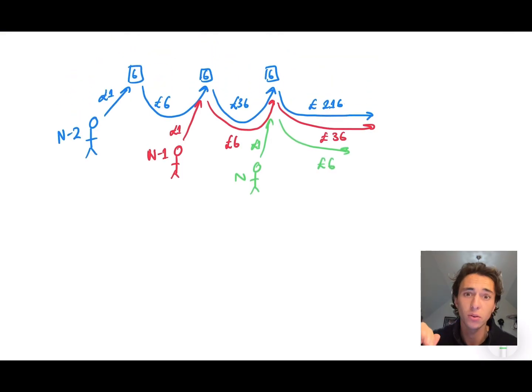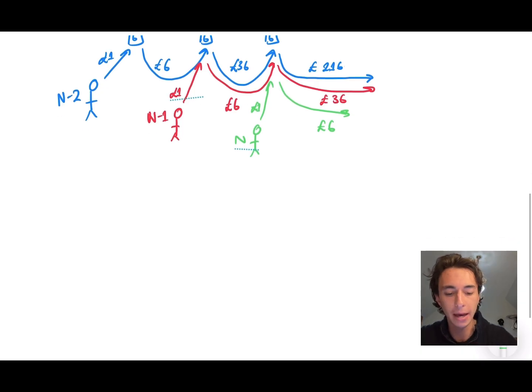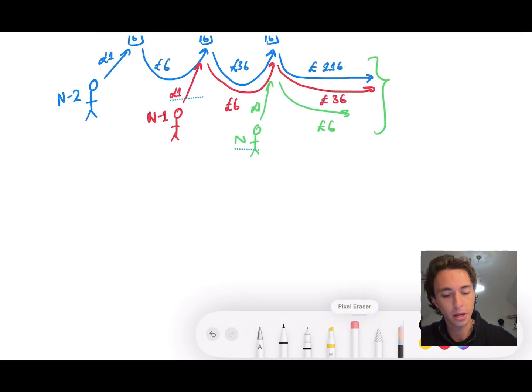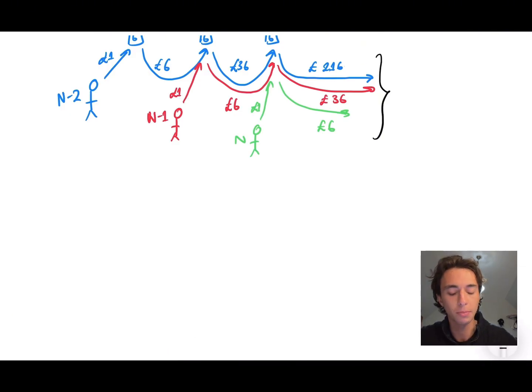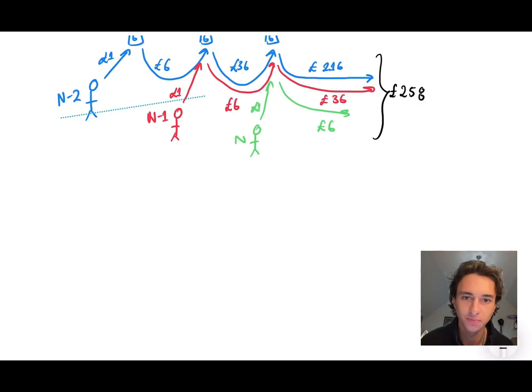So in the end, once we lose, we know that we pay out, and my maths is incredible here, £258. I think that's right. So we pay out £258 at the end.